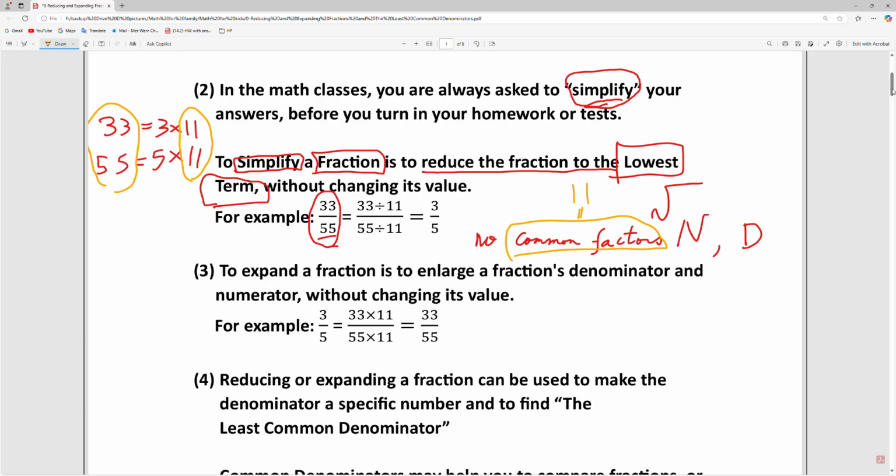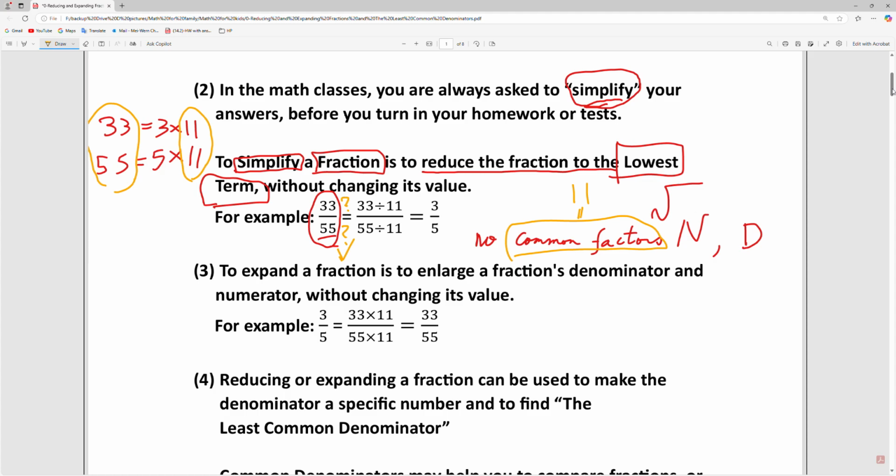I will show you why it's still equal. Very important when I show you a method: yes, learning the method and how to do it is very important, but before you do that, you want to agree with the method. How to agree? You want to make sure it's equal. If that's equal, then you keep going.